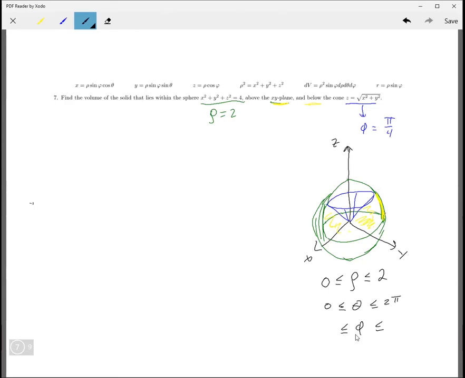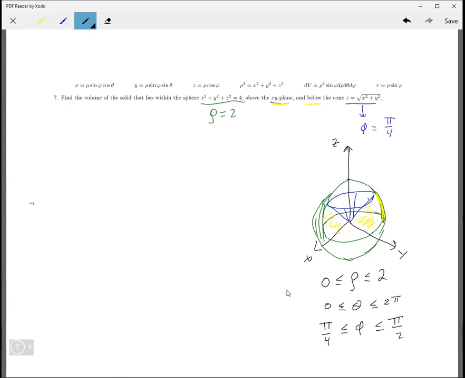Okay, and then phi is a tricky one. It's not 0 to pi over 4, is it? 0 to pi over 4 would give us this part, going from here down to the cone. We need the other one. We need from the cone to the floor. So that's going to be pi over 4 to pi over 2.